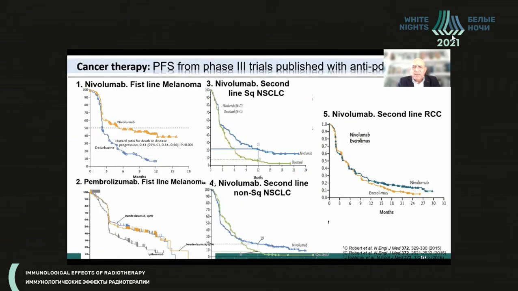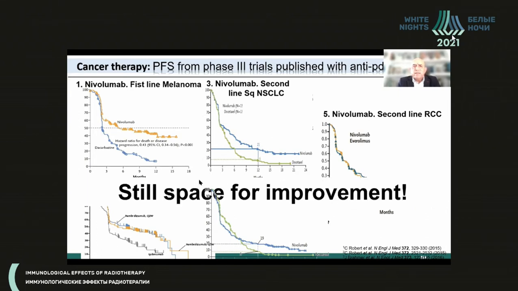We have observed astonishing changes in terms of disease-free survival in pathologies such as melanoma and renal cancer, in which years ago no treatment seems to be effective, but there is still room for improvement.